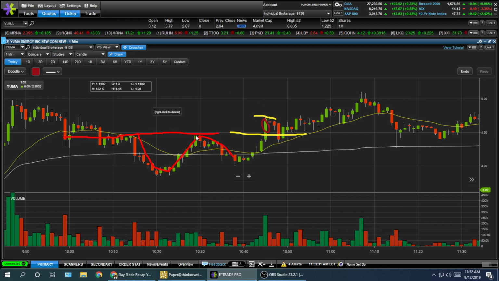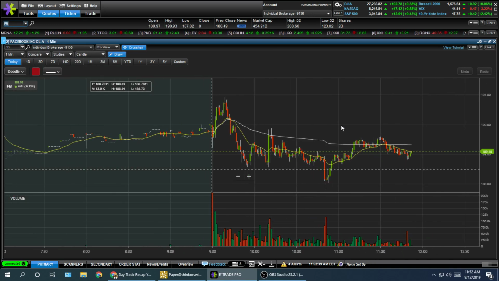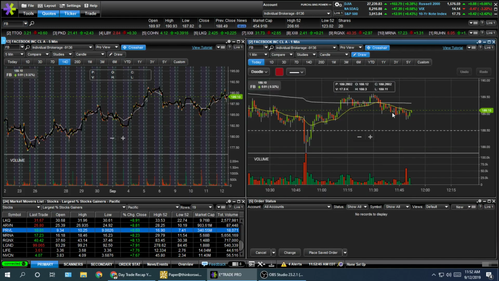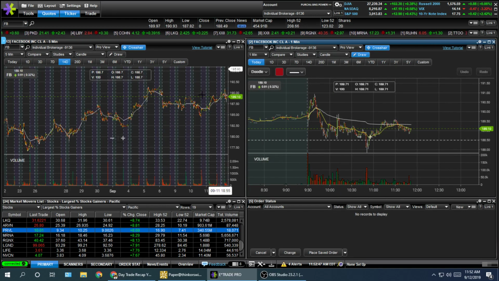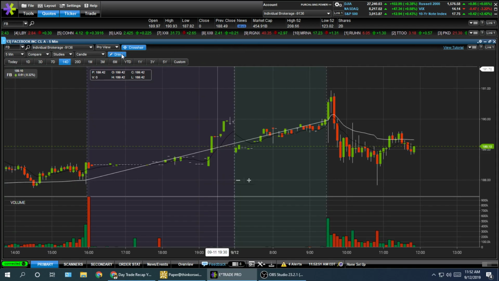Now we can take a look at some other stocks. We're going to watch Facebook, because I noticed that Facebook currently can be setting up for an ABCD pattern. Now, they're a little harder to identify real time, of course, because we never know, nothing is 100%.